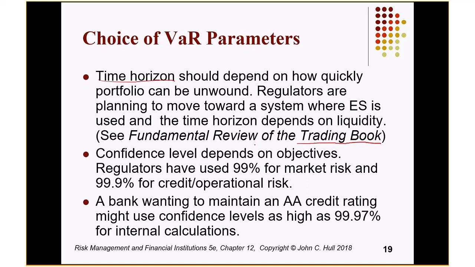After 2007, and especially with some credit products, they are thinking about implementing more regulations on the trading book. Confidence level depends on objective. Regulators have used 99% for market risk and 99.9% for credit and operational risk. That's historically what they use. They're doing a good job so far, other than 2007. That's liquidity.